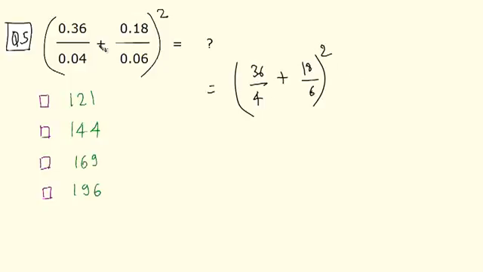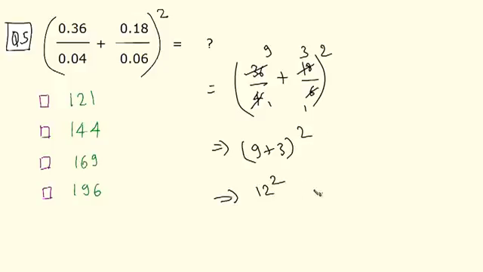And these two terms have exactly the same value. So we can solve this. 4 ones are 4, 4 nines are 36, 6 ones are 6, 6 threes are 18. So we have 9 plus 3 whole square. And 9 plus 3 is 12. So 12 square, which comes out as 144. 12 square is 144. So this is the right answer, 144.